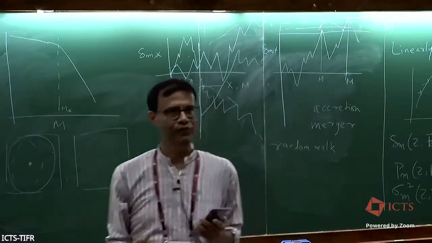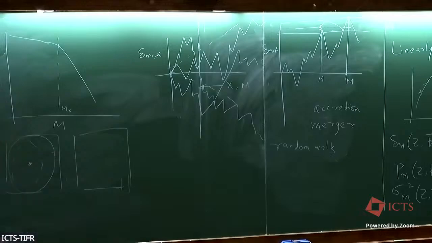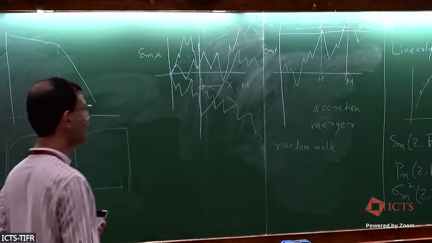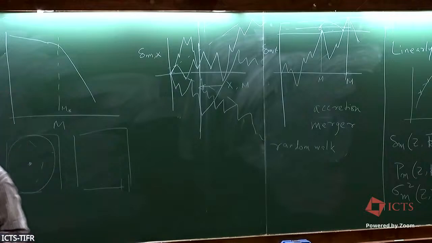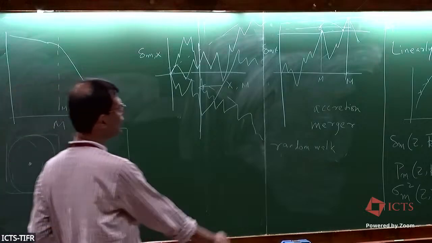So that becomes a first crossing problem, which is a solved problem in random walk. So they could just use those results. And when they did that, they recovered exactly this form with that factor of 2 properly accounted for. That went away because it automatically accounts for something like this.